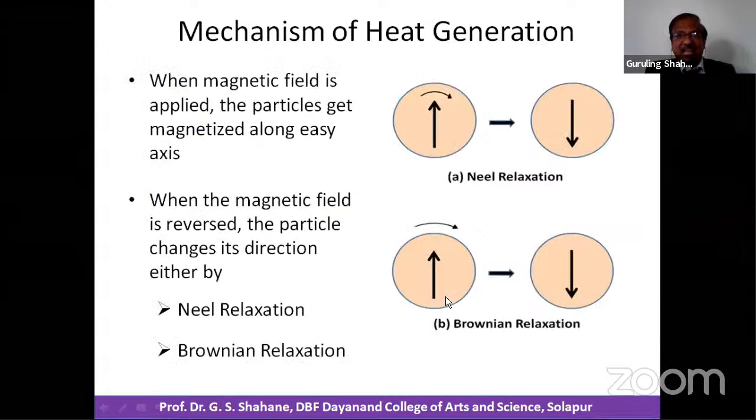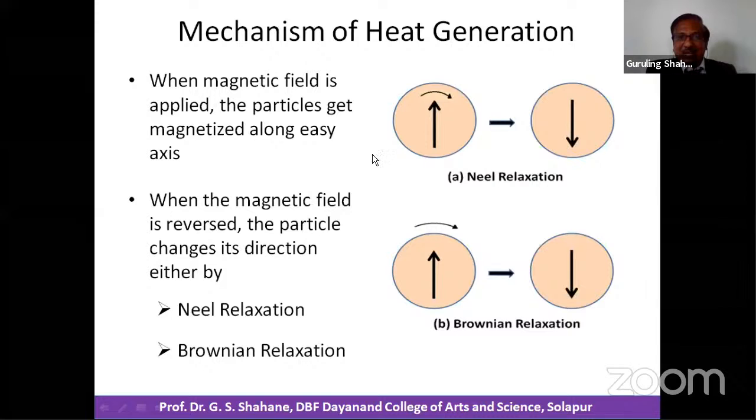Let us see exactly what happens. Now we know that for these magnetic materials, there is magnetic anisotropy. These particles generally get magnetized along their easy direction. So when we apply a magnetic field to the nanoparticle, it gets aligned along the direction of that magnetic field.